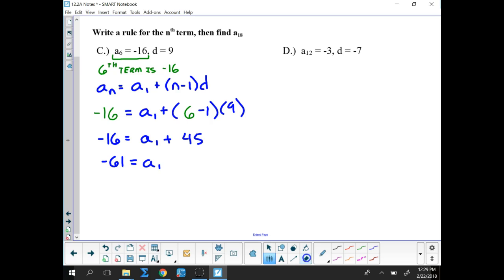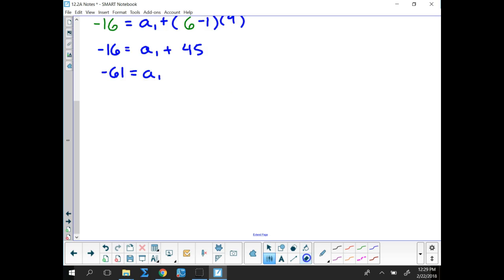If negative 61 is my first term, my common difference being 9, then my rule is going to be a sub n equals negative 61 plus 9 times n minus 1, or 9n minus 70 is my rule.